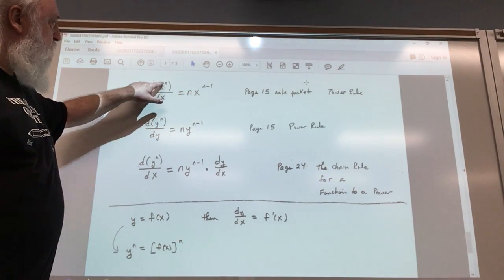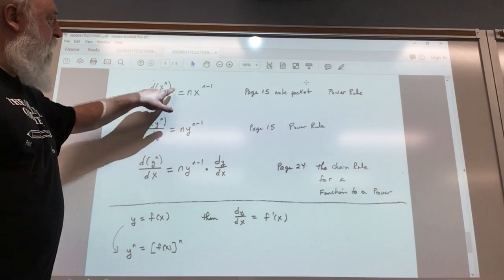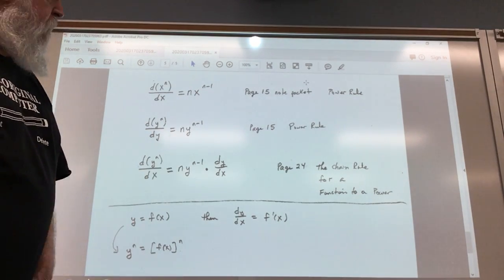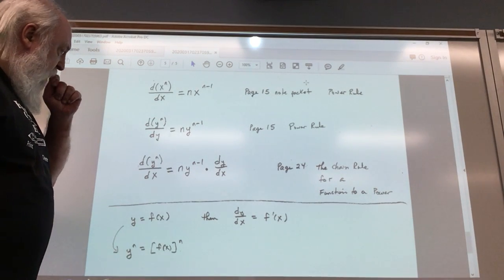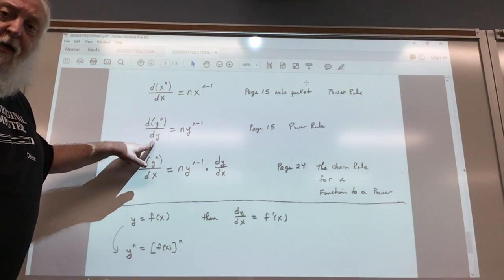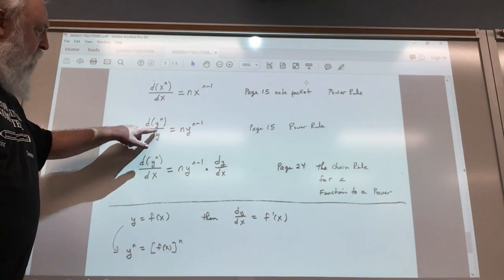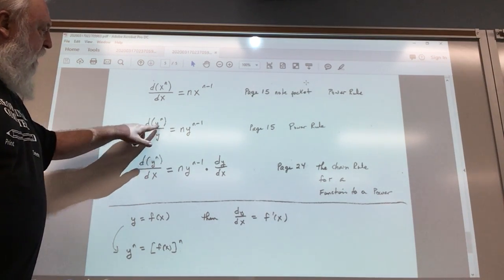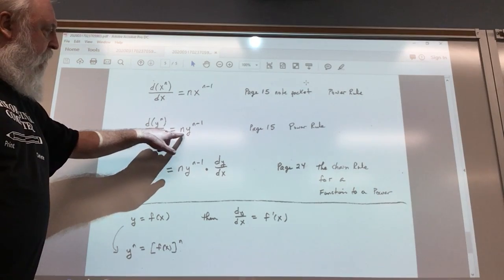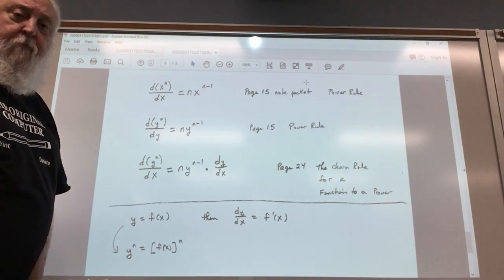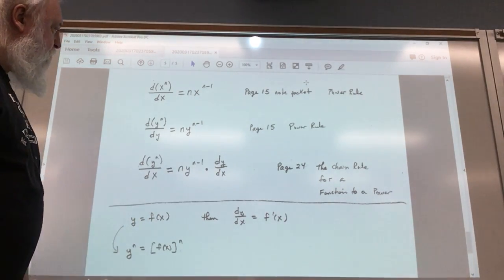You just bring the exponent n down in front of the x and subtract 1 from the exponent. If we were to differentiate y to the n with respect to y, we would get a similar result: n times y to the n minus 1 power by the power rule.